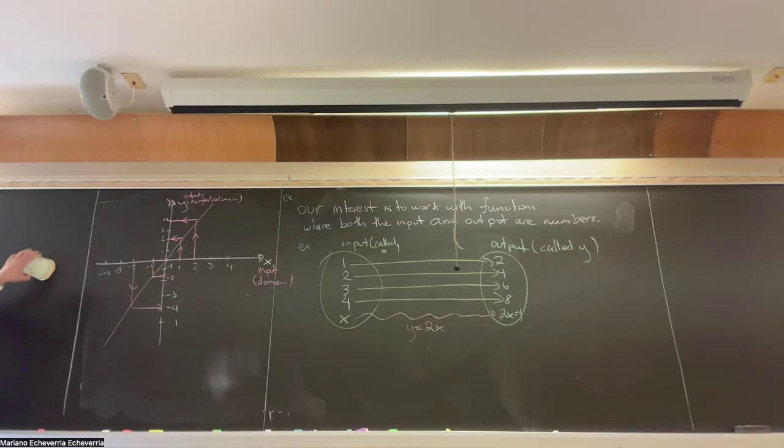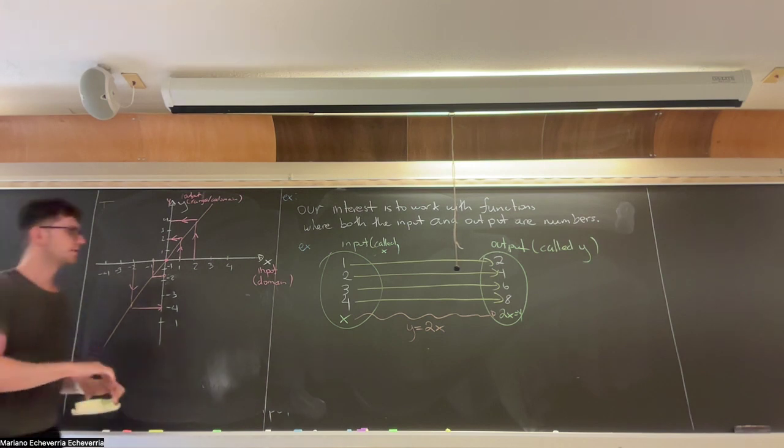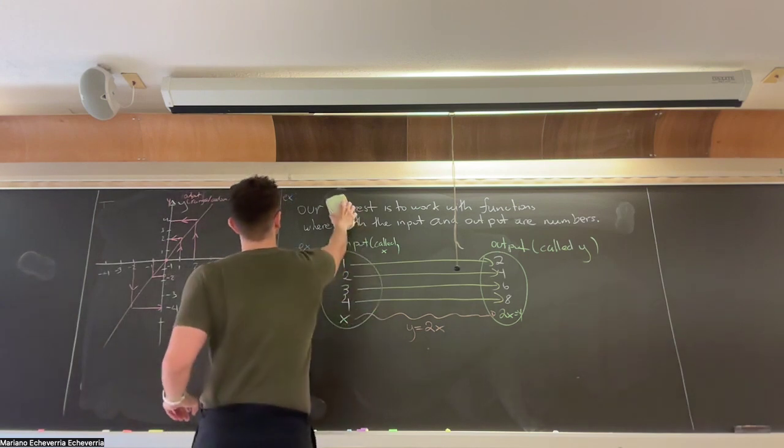So, maybe before I go on, okay, so far so good. Any questions about this? So the idea is, when you have a function where both the input and the output are numbers, you can always represent that as a picture on the XY plane. So let me write that down here.